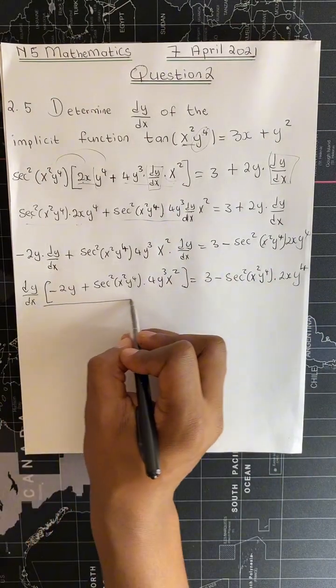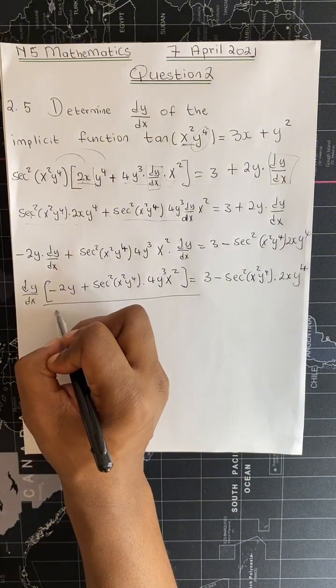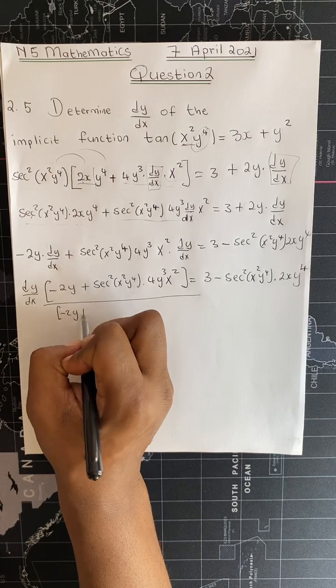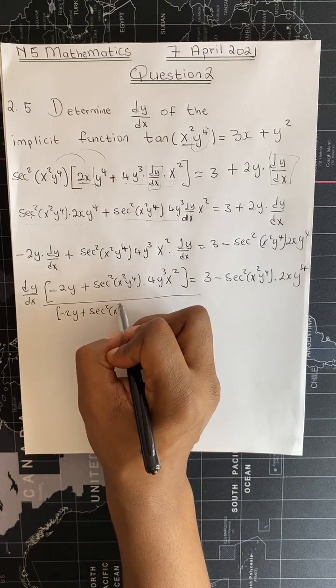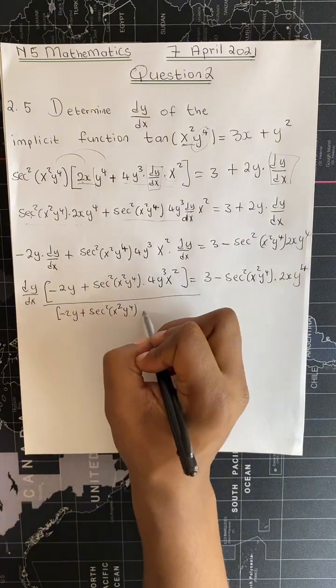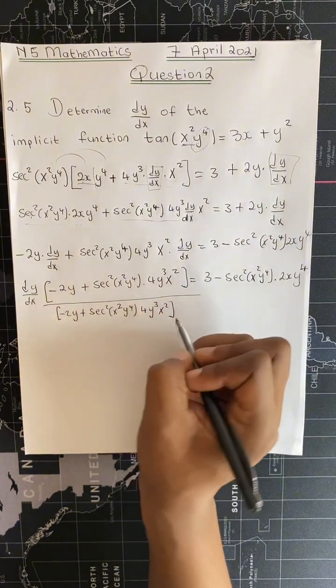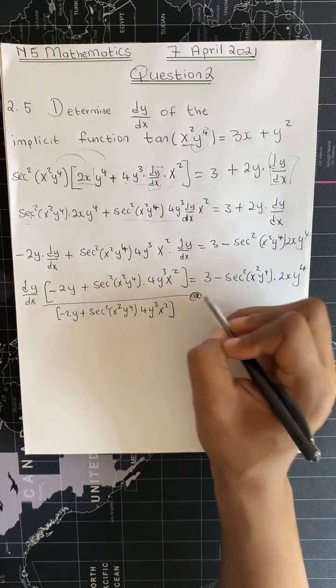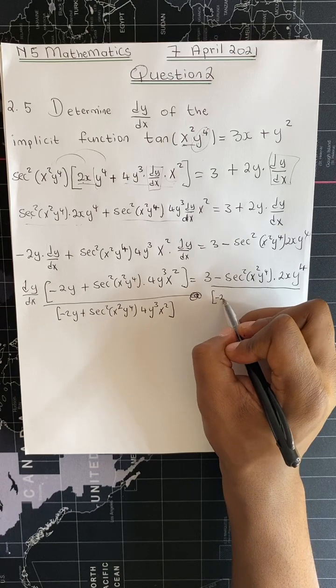From here we divide both sides, because we have to make dy over dx the subject of the formula. We divide by the negative 2y plus sec squared of x squared y to the power 4, 4y cube x squared. So what we do on the left, we also do on the right. So we also divide by that on the right hand side.